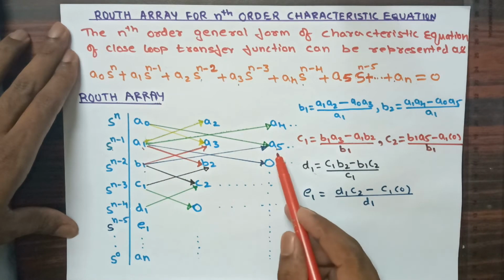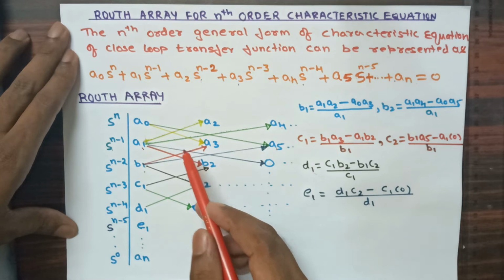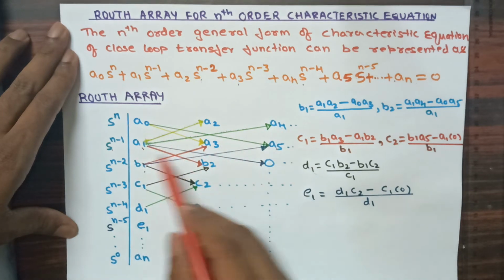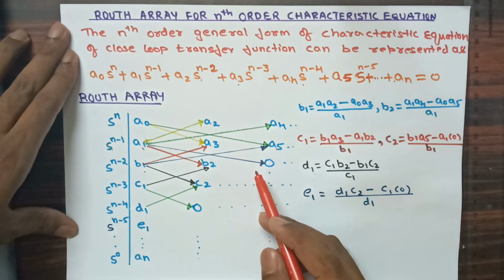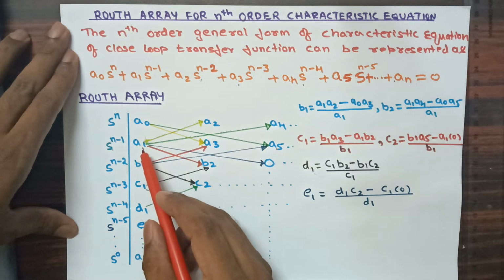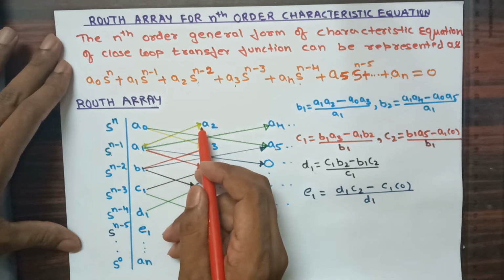You can consider either the first method or the second method, but remember that we are going to get the first two rows directly from the characteristic equation, and the third row we are going to obtain by this method, that is by multiplying the second row first element with the first row second element.